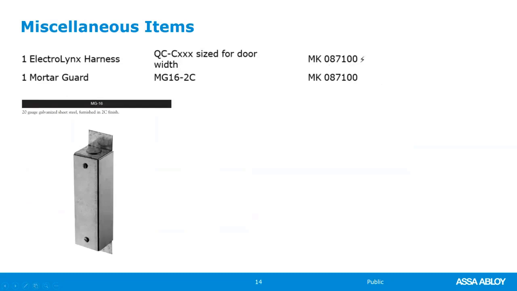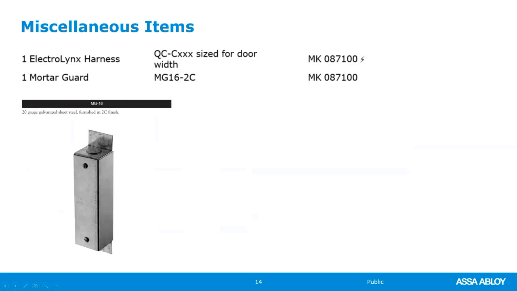The Mortar Guard, this frame is in a masonry wall, so the frame will be grouted in, and this helps protect in that middle hinge location where you've got your Electrolinks harness. It makes sure that it doesn't fill the whole frame with grout. You have a space to tuck your wires in.